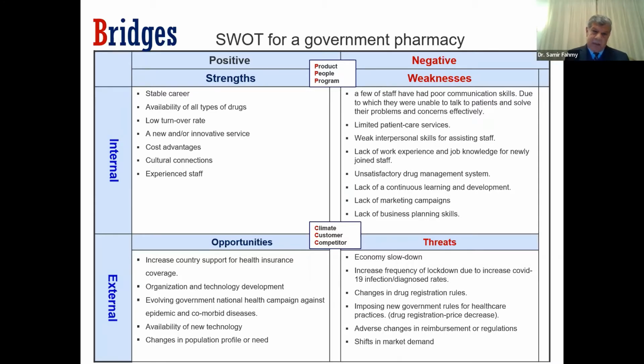These are samples of some strengths that we might find in a government pharmacy.